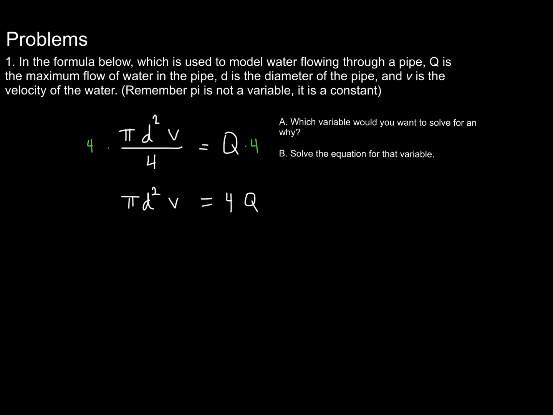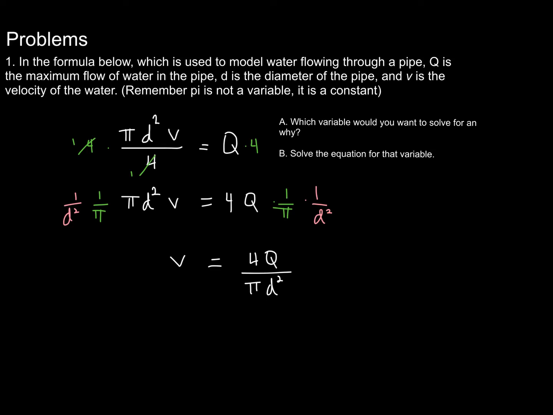Now, at this point, we know that we are multiplying V by these two things. So to isolate V, we'll need to divide by pi times d squared on both sides so that we get V by itself. You can do this one at a time if you'd like, or you can do them both at the same time.